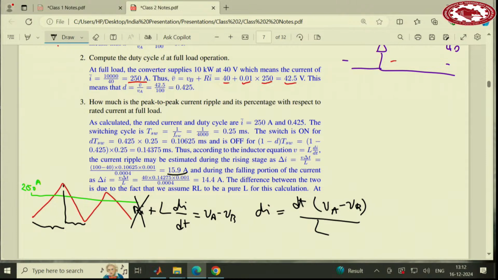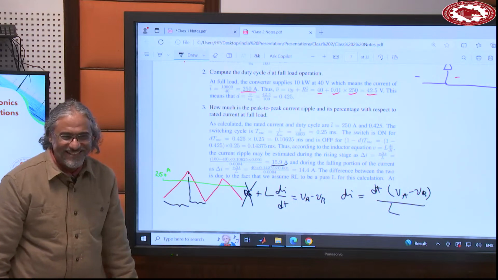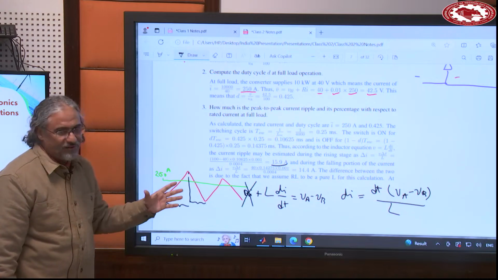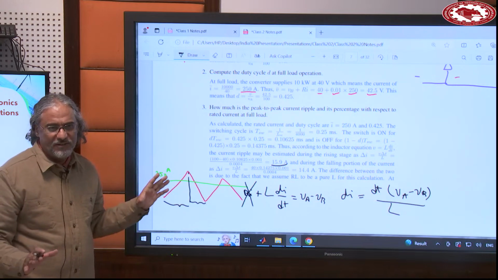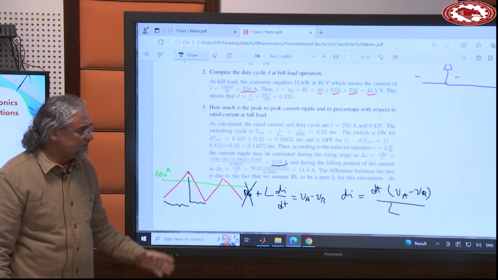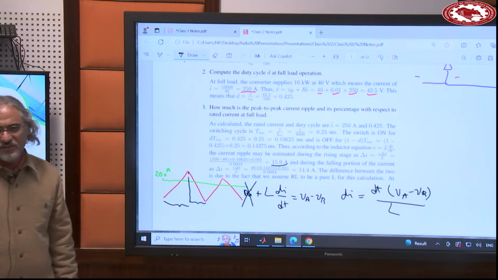Otherwise, it's not a steady state. It's still changing. But the reason is because we ignored that term, Ri. If you are okay with this level of error, 15.9, 14.4, you can say 15 is a good average of the two. So peak to peak is 15.